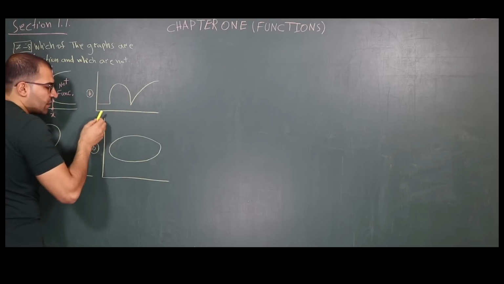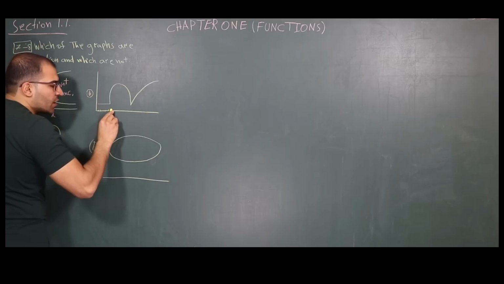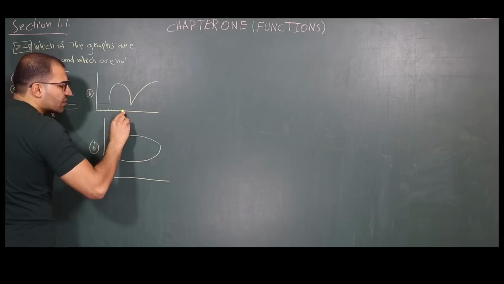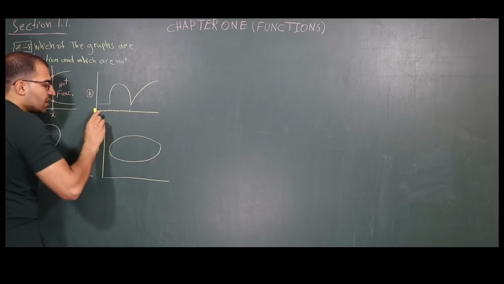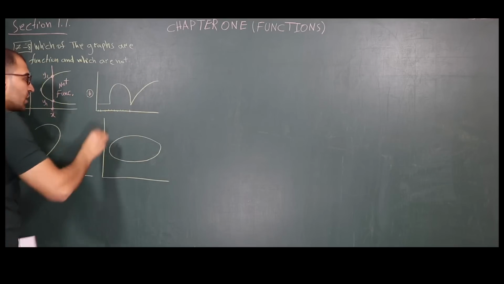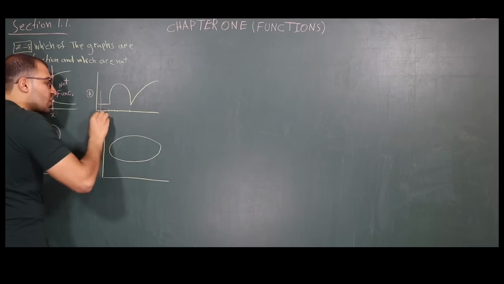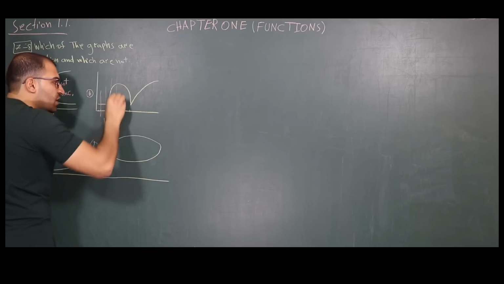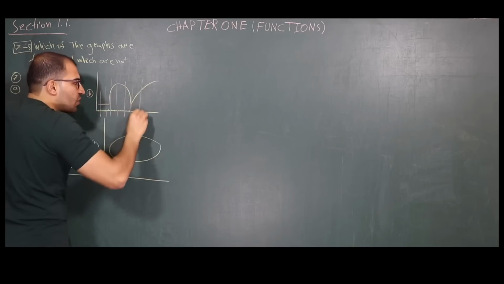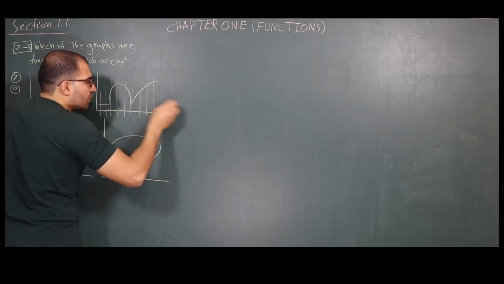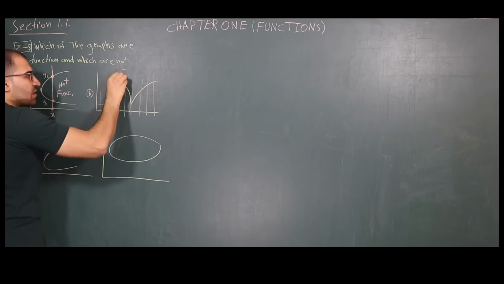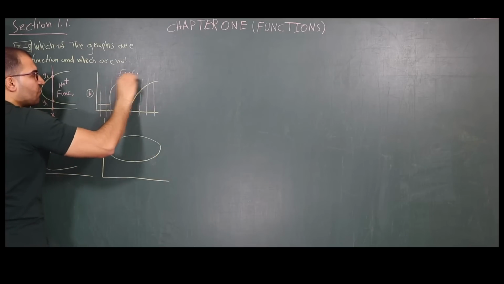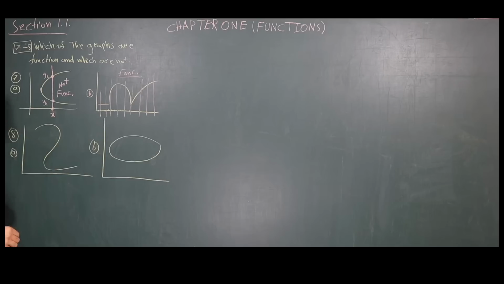In every position, in every step to the right, this line intersects the graph at just 1 point, all the way to the end of the function. So this is a function.